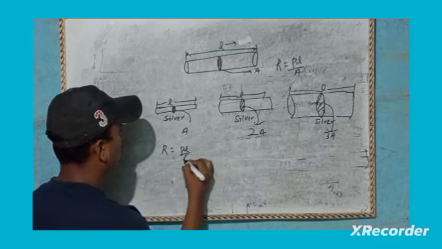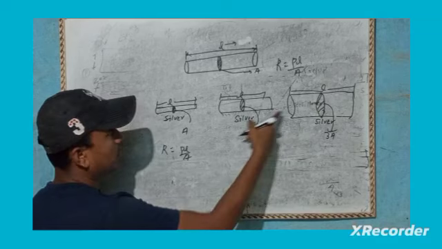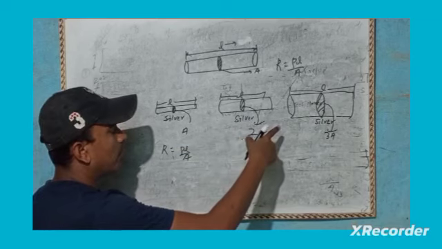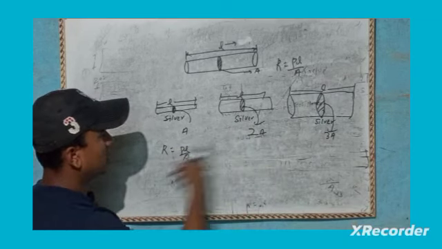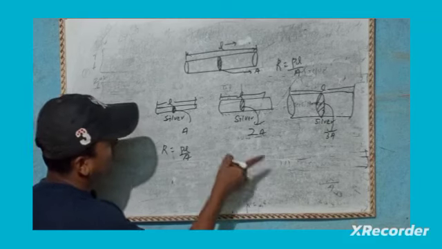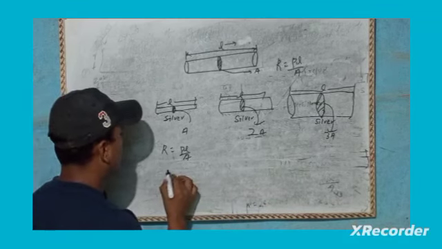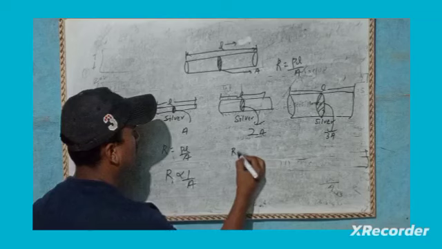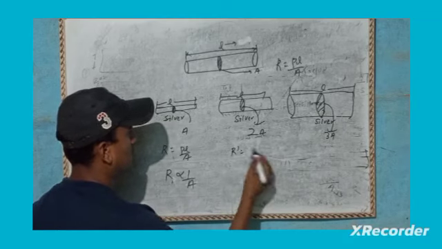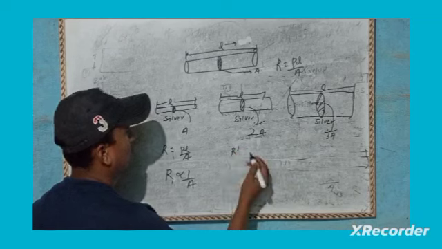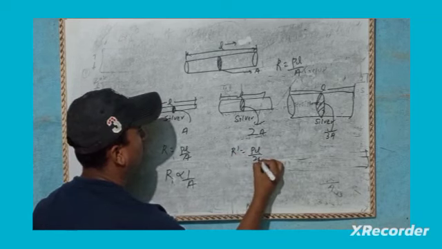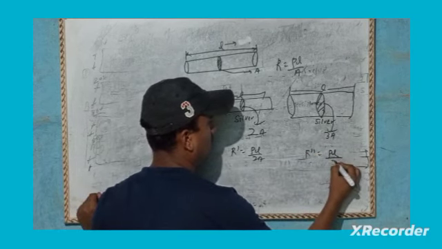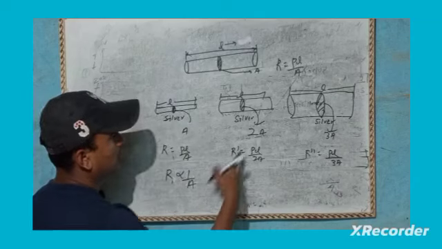Suppose R is equal to rho L by A. Because the resistivity in all the cases is the same, as all the figures are made from the same material, silver, and the lengths are the same, R is inversely proportional to A. R dash is rho L by 2A. R double dash is rho L by 3A. Yes or no?